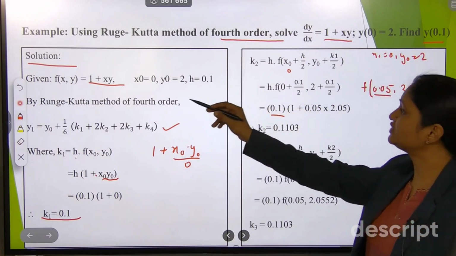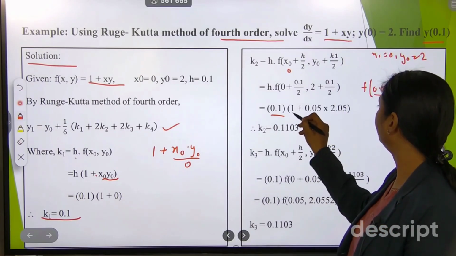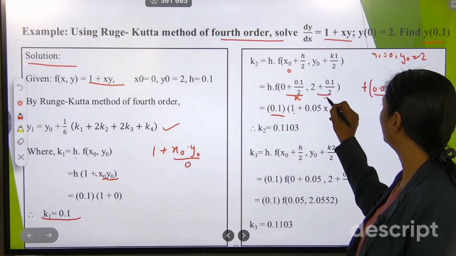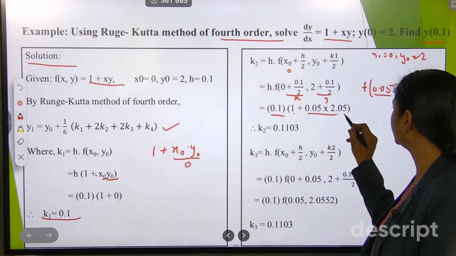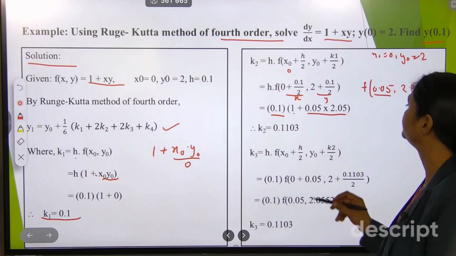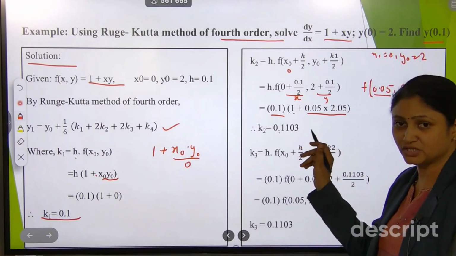As our function is 1 plus the product of x and y, here the product is 0.05 into 2.05. After calculating, we get k2 is equal to 0.1103.